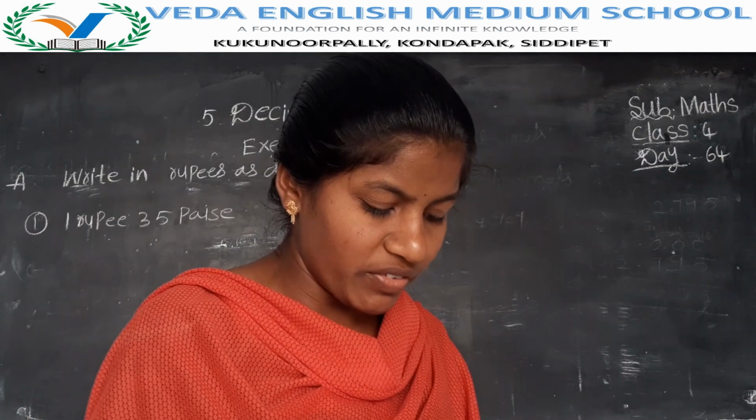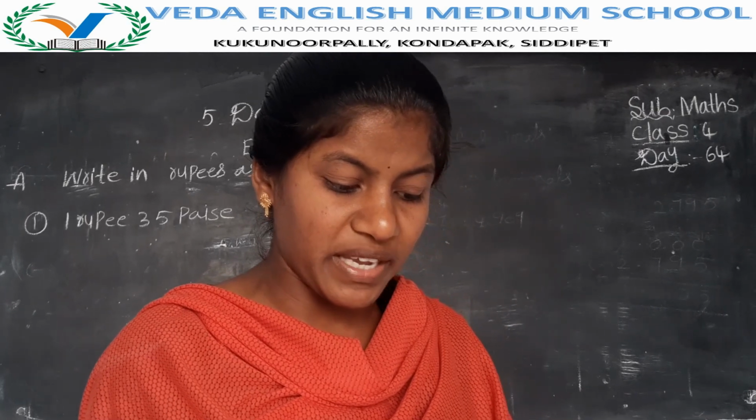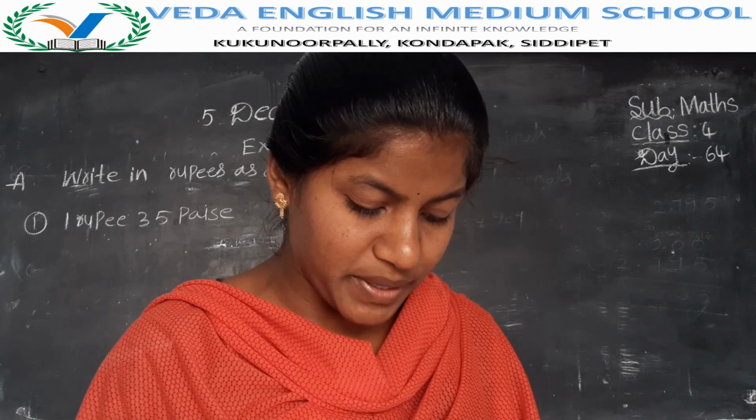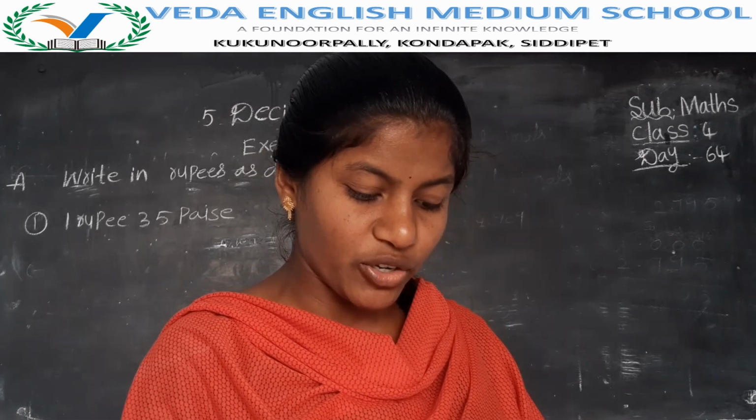Now here we have to convert this. We have to convert this paisa into rupees and write. How to convert this paisa into rupees? If you know 1 rupee is equal to 100 paisa, then you can find the solution.